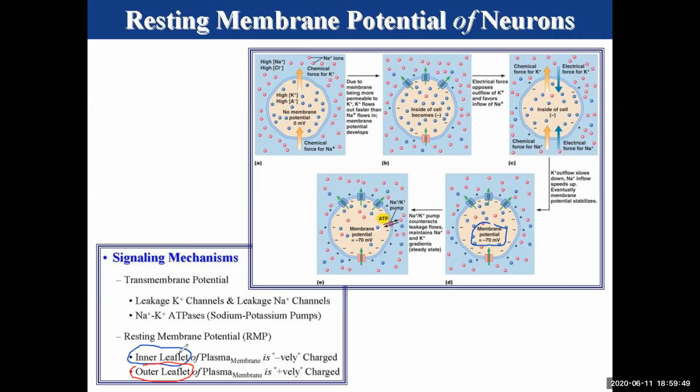So the inner leaflet is negatively charged, the outer leaflet is positively charged. That's why we have the negative sign here, right? So all these negative signs here, that's on the inner leaflet of the membrane. It doesn't mean it's inside the cell, it's just the lining of the inner leaflet. And it's not about negative charge, it's just less positive charge compared to the outer leaflet.